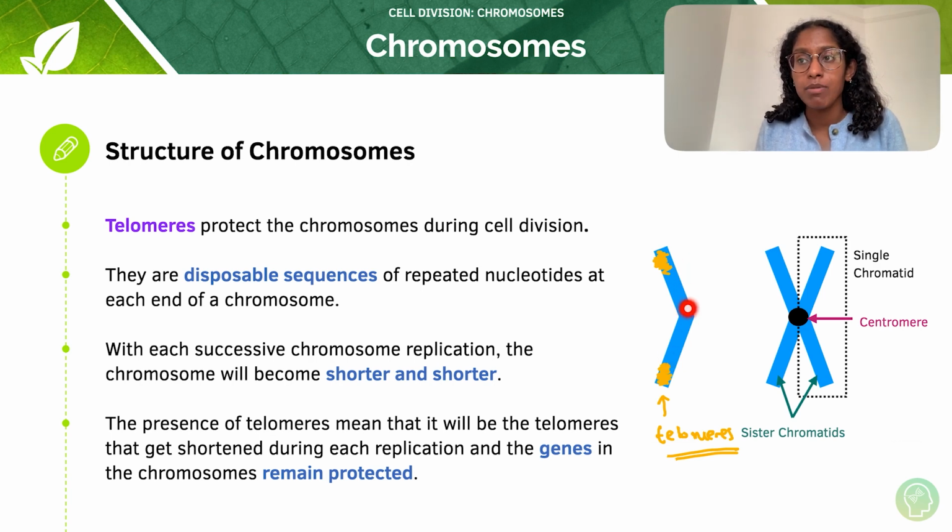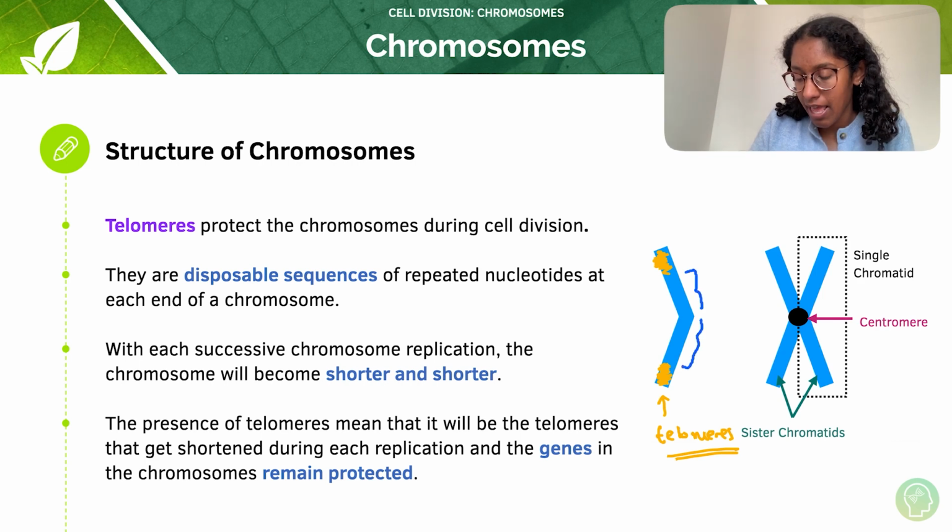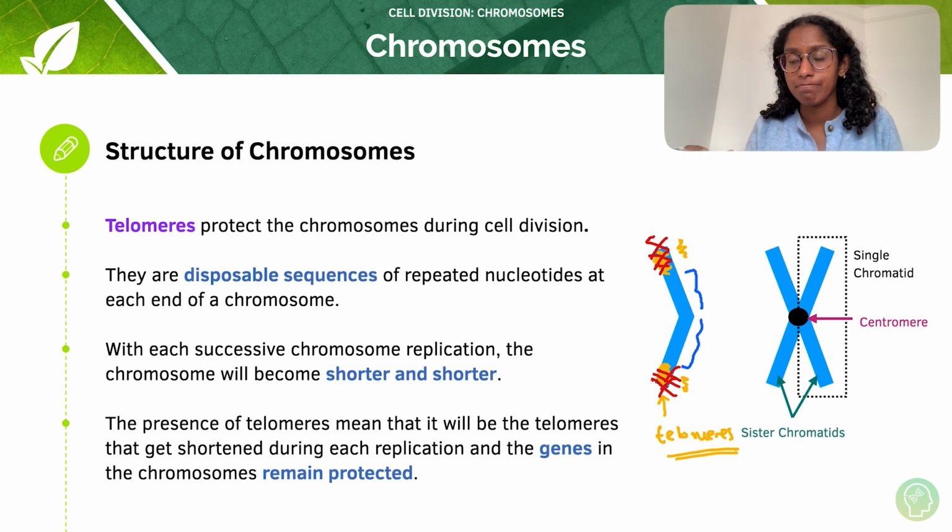So the genes in the chromosome remain protected, because remember, this is where the genes are from here to here, and this is the telomere region. So if we're shortening the chromosome from the ends, we're going to slowly eat away into that telomere region, and we're going to keep those genes in our chromosomes protected. So as we age, that telomeric region is going to become shorter and shorter.